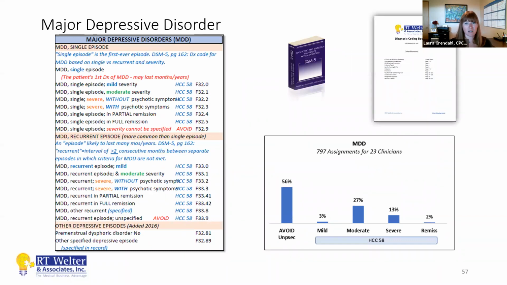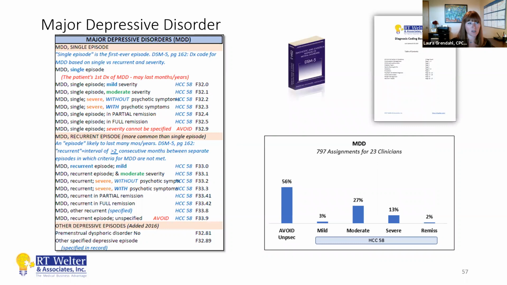Really quickly, just a little bit about major depressive disorders. PTSD is another good thing to kind of talk about here. This is a snapshot, again, out of our diagnosis coding booklet. We really want to focus on the single versus the recurrent. This is a very big difference here.